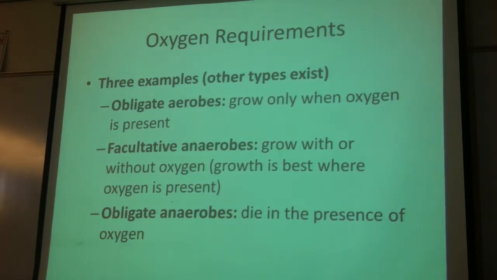Or the microaerophiles, which want just a little bit of oxygen. They don't want much, they just want very, very low levels to make them happy. What were those ones called?